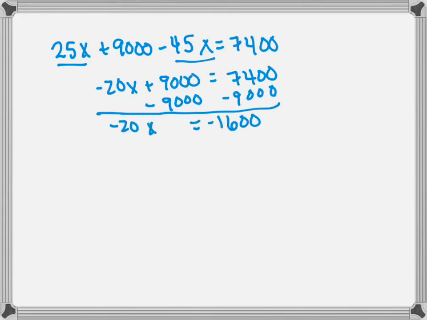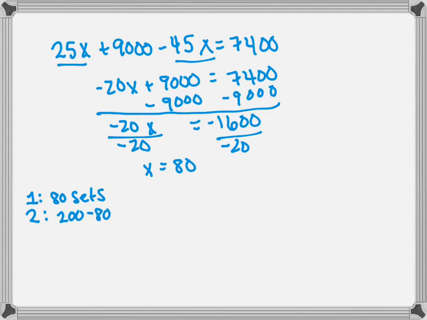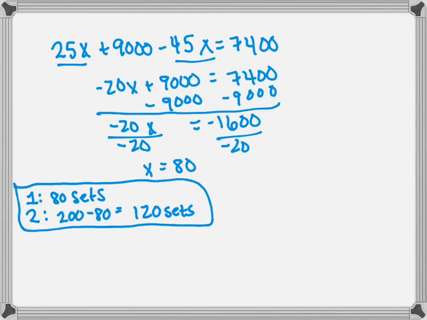Negative 20x equals negative 1,600. Divide both sides by negative 20. x equals 80. So for design 1, they'll need 80 sets. And for design 2, they'll need 200 minus 80, or 120 sets. So that is the solution to the second word problem.